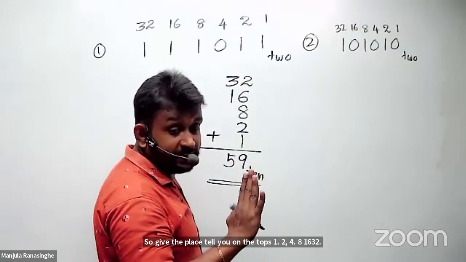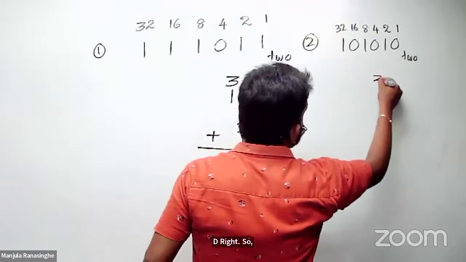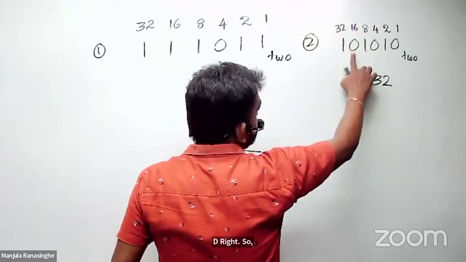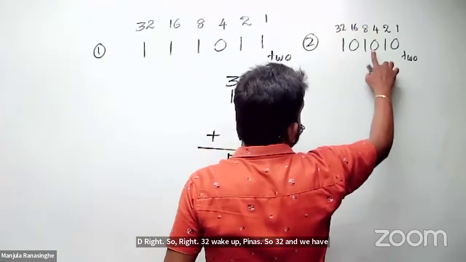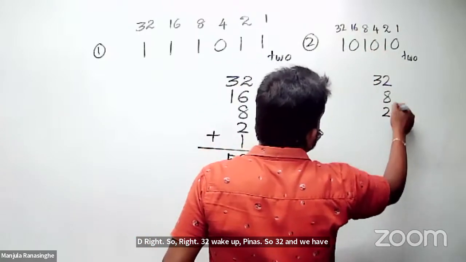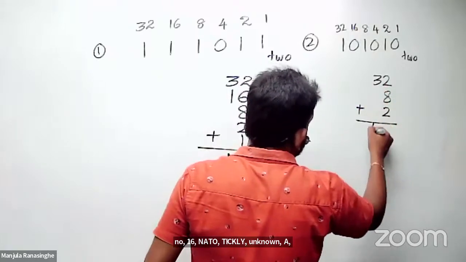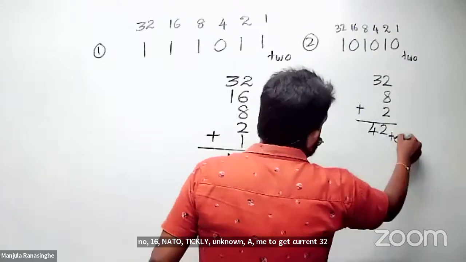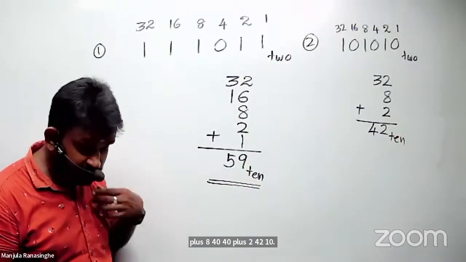The zeros we can remove. How to write: there is a 32. So 32, and we have no 16, so we don't need to write it. 8 is 1. Here 0 is no use. Then 2 is 1. There isn't one there. So add these up: 32 plus 8 is 40, 40 plus 2 is 42, base 10. That's the lazy way. Right. This is a method to make it.